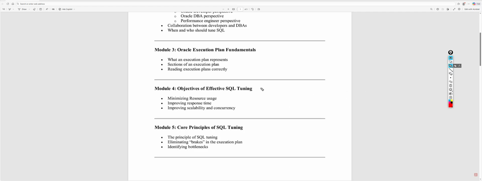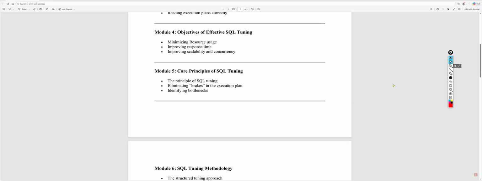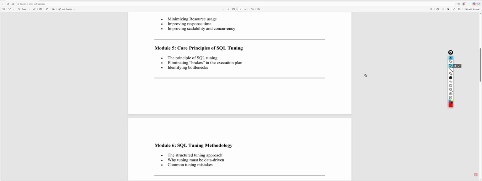Next comes the objectives of effective SQL tuning. This is about resource usage management, and also response time and scalability. Then next come the principles of SQL tuning. These are just theoretical parts, okay?